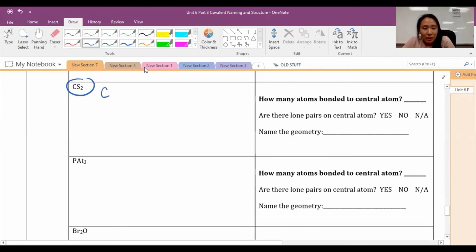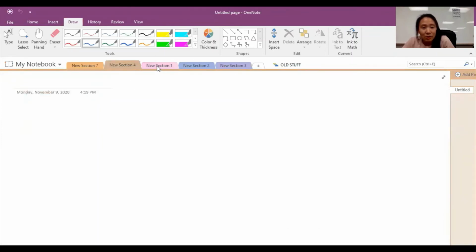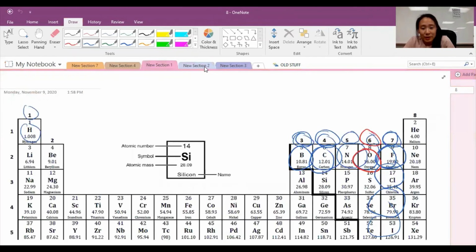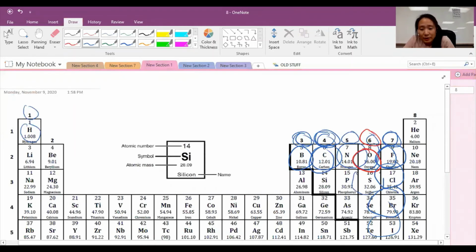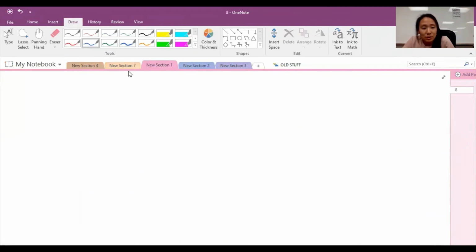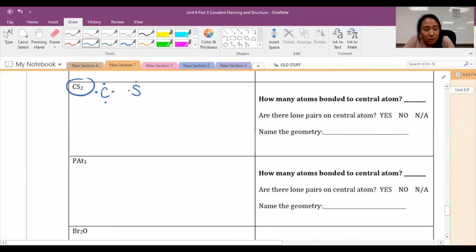Carbon, according to our periodic table, has 4, so I'm gonna draw 1, 2, 3, 4. We see that sulfur right here is in the 6th column, so I'm gonna do 1, 2, 3, 4, 5, 6, and then 1, 2, 3, 4, 5, 6.